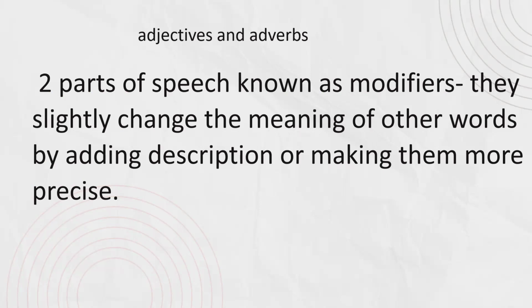People, places, things, ideas. Okay? And definitely we have adverbs, which are words that modify an action or a verb. Okay? Adjectives are for nouns, adverbs are for verbs. It's that simple.